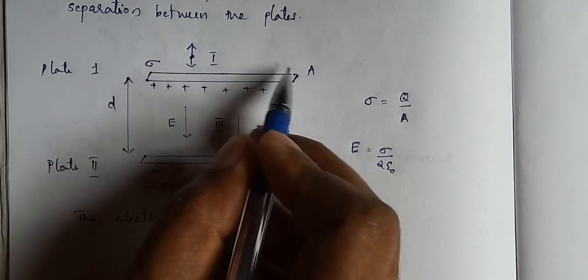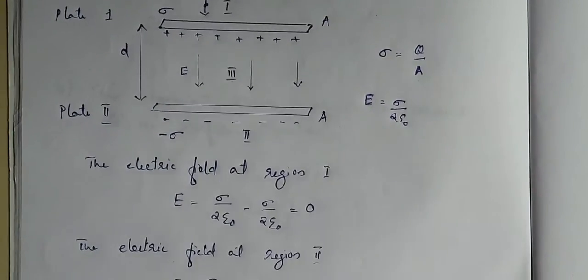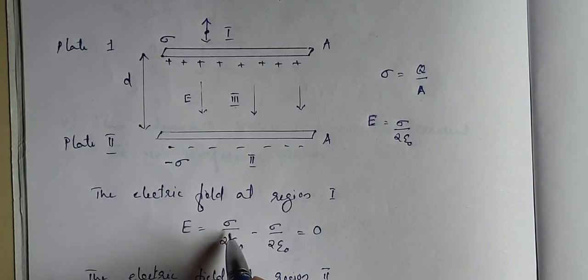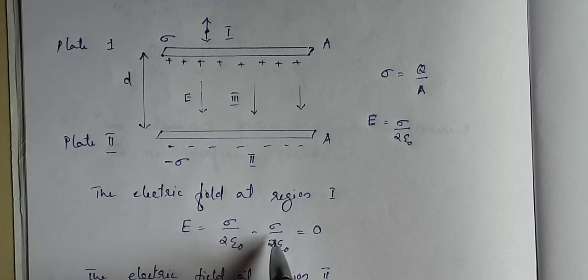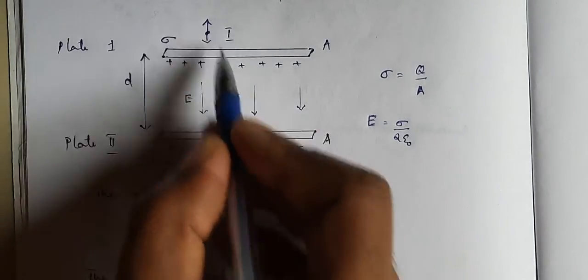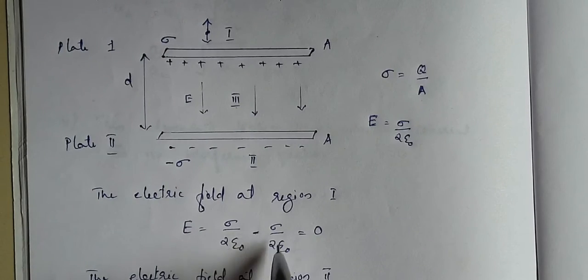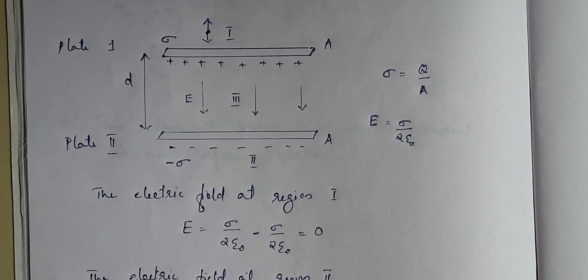So the resultant electric field everywhere in this region will be 0. I can show this mathematically: due to the positive plate it is sigma by 2 epsilon naught, and the negative plate is also sigma by 2 epsilon naught, but in the opposite direction. This is upward, this is downward. If I give downward a negative sign, then the resultant field will be 0.